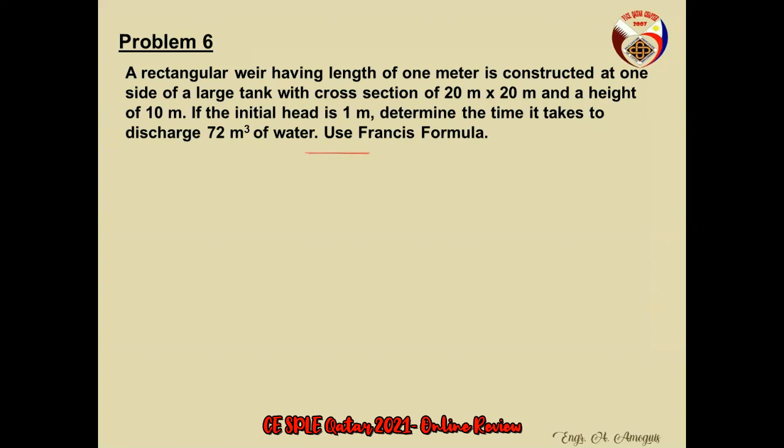Determine the time it takes to discharge 72 cubic meter of water. Use Francis formula. Sometimes may board exam binigay nito, halos ganito siya, pero yung weir is trapezoidal weir. Minsan, may isang board exam, triangular weir. So, depende. Kaya wala siyang general formula na derive, kailangan i-integrate mo talaga siya.